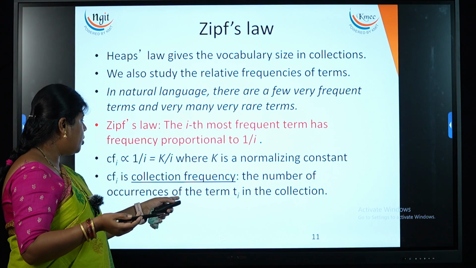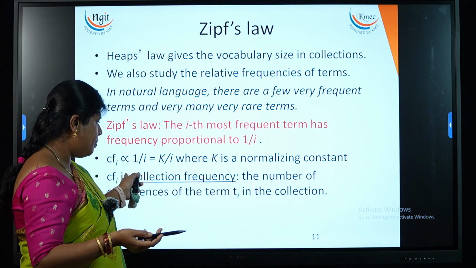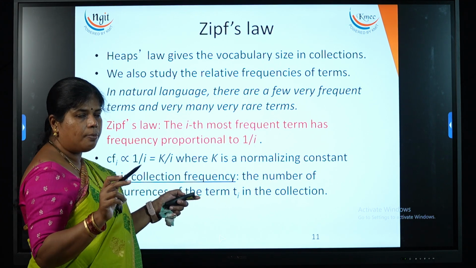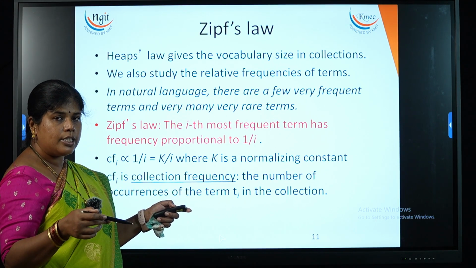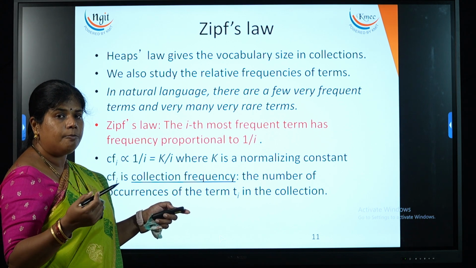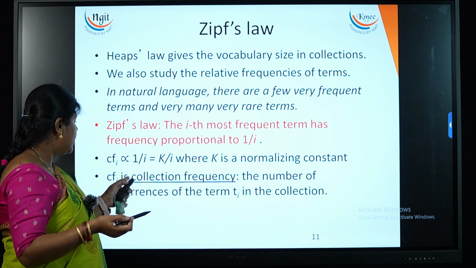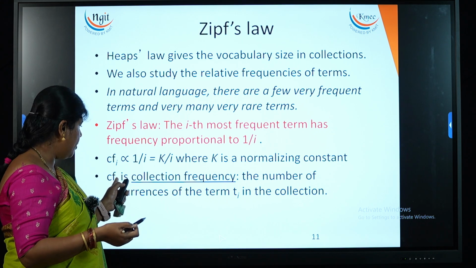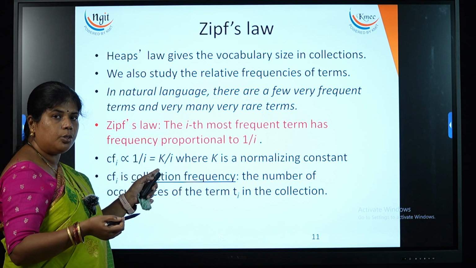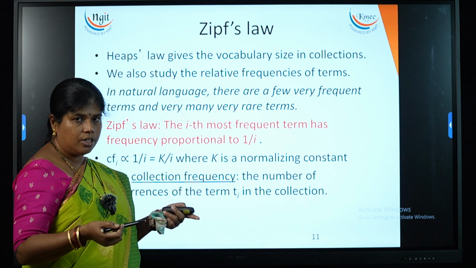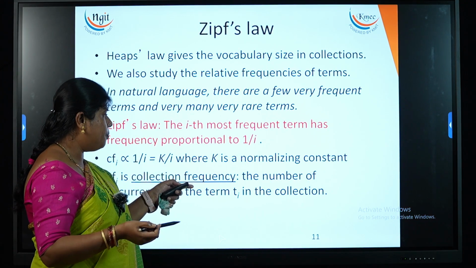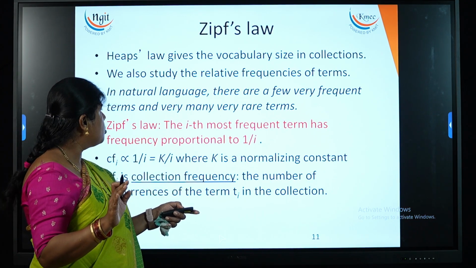The number of occurrences of the term t is given by CFi. So, you should remember this law. Zipf's law considers the term frequency, and the collection frequency CFi is proportional to 1 by i, where k is just a constant.